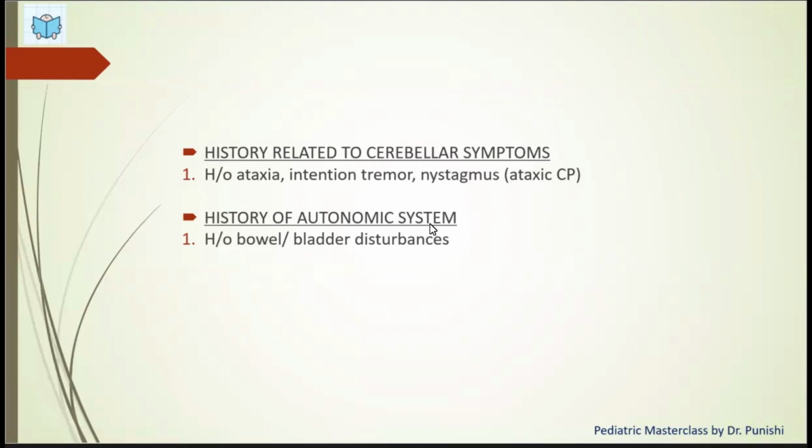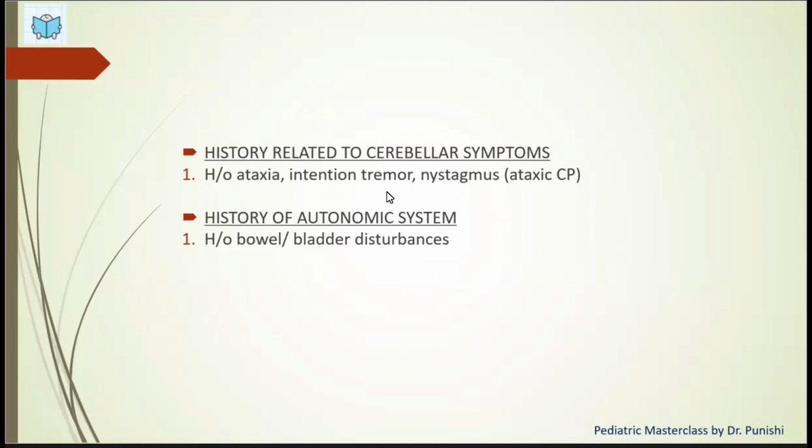So kids with cerebral palsy have shown to have involvement of the autonomic system in terms of hypersalivation, tachycardia, cardiovascular instability, hypotension, etc. So bowel bladder disturbance is one of the most common autonomic disturbances that you see, and it is often a complication, or you can say a comorbidity in these patients. So that is something that you should always ask for.